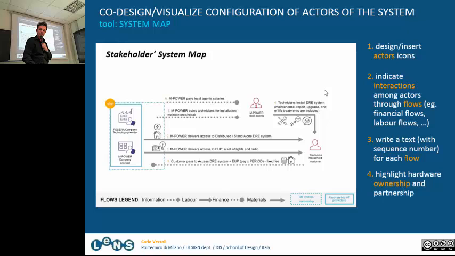In fact, in some way this is a typical design tool for product service systems, but in product service systems you will not find that we highlight where the ownership is, because ownership is very important when designing SPSS.